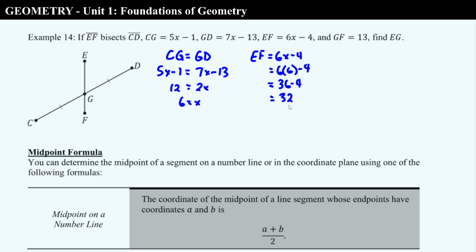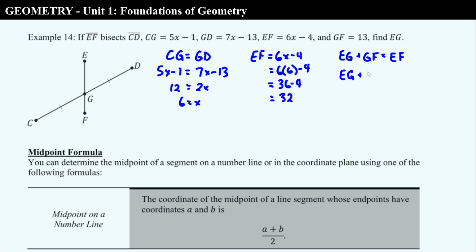All right. Next, and finally, we use the segment addition postulate. We know EG plus GF equals EF. EG plus GF equals EF. Okay, so we know EG is what we're looking for.